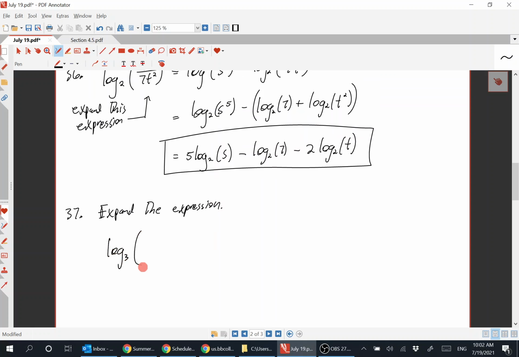So log base 3 of 3x to the 5th square root over y. So first of all, we have a fraction, log a over b. So I'm going to do the log of a minus the log of b, like that.